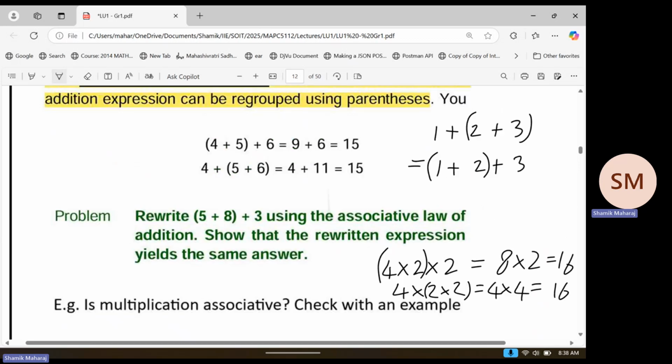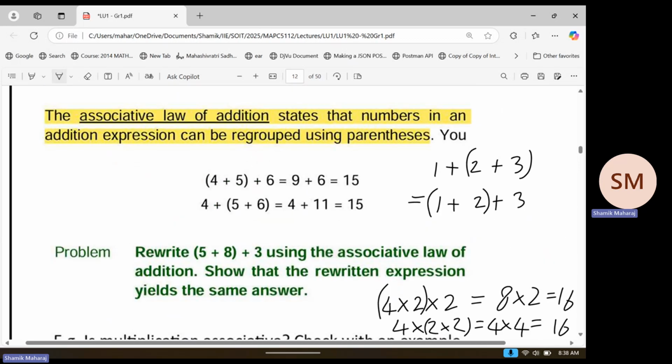The reason why we sometimes think it doesn't is because if you have multiplication with addition as well, then you can't do that, because then you have to consider the FOIL method and all of these things. So association works for addition and for multiplication. If you're not sure, just check with some examples, try to convince yourself of that. If you can't convince yourself, then come and ask me.